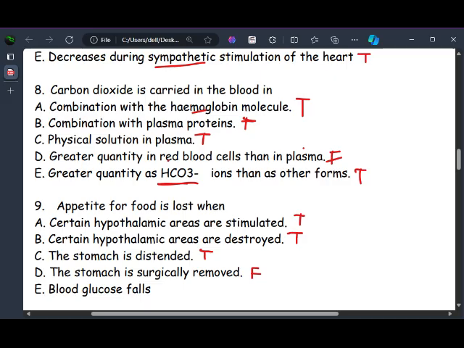But being full does depend on the stomach being distended, because it has stretch receptors. So even if they remove your stomach, you're still going to feel hungry. The hunger does not depend on whether you have a stomach or not.